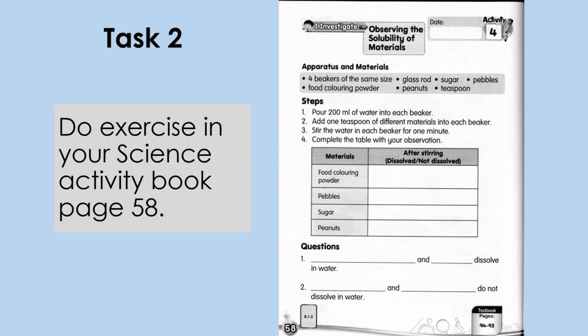And then number 2: blank and blank do not dissolve in water. Look at the table again. Which materials do not dissolve in water? Then you write the names of the materials in these empty spaces.